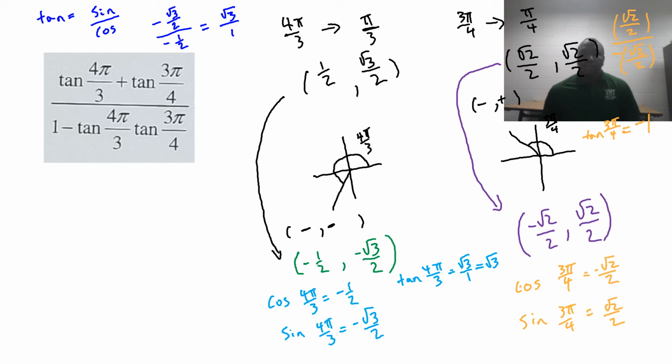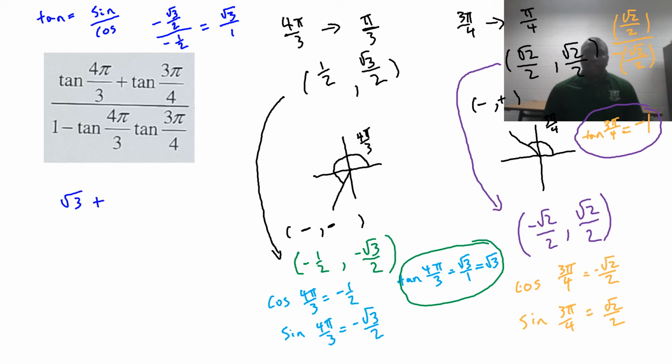So let's fill that in. Just to recap, for the tangent of 4 pi over 3, we got radical 3. And for the tangent of 3 pi over 4, we got negative 1. So if we fill that in, what will that look like? Well, tangent of 4 pi over 3, we said was radical 3.